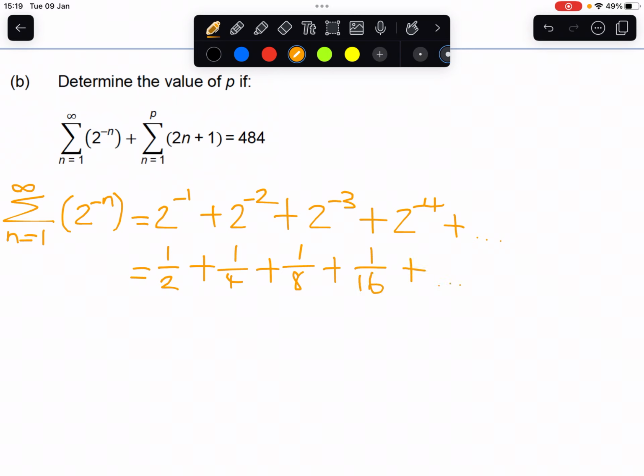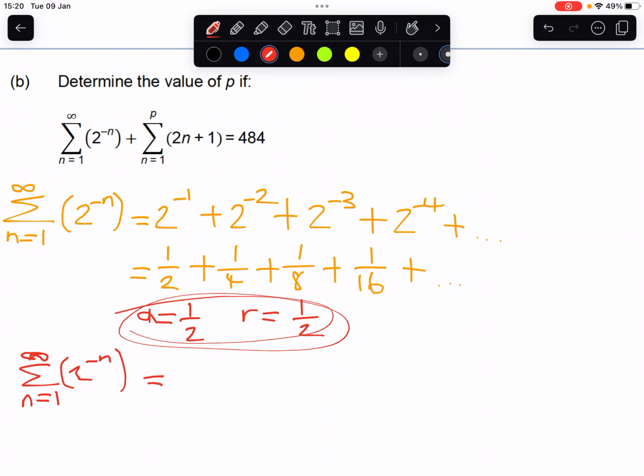Right? So this is a geometric series, where A is equal to a half and R is equal to a half. Each term is half the previous one. So we can work out the sum from n equal 1 until infinity by putting this into the formula for the sum to infinity.